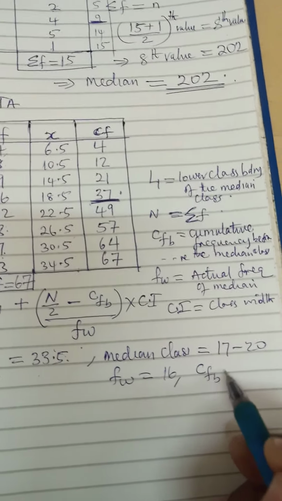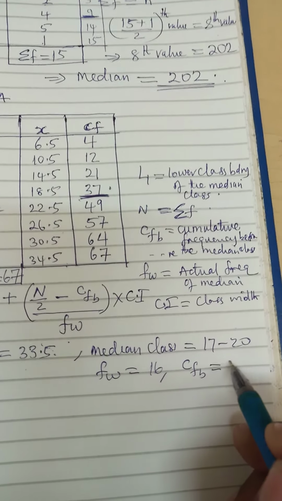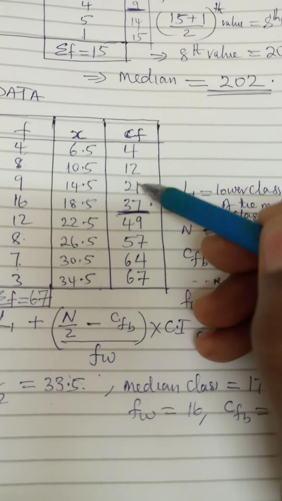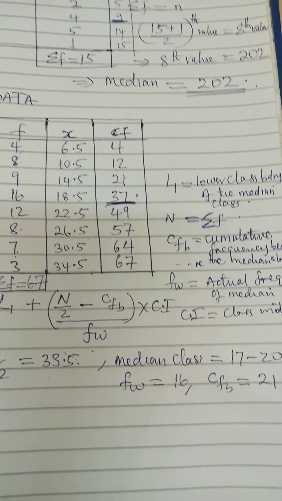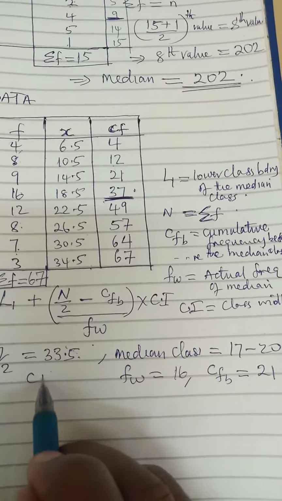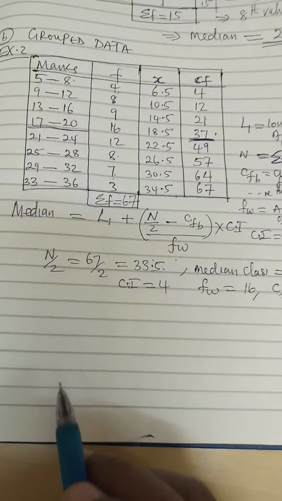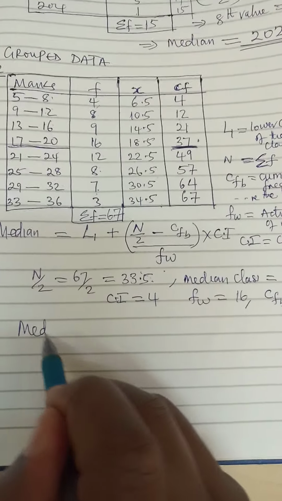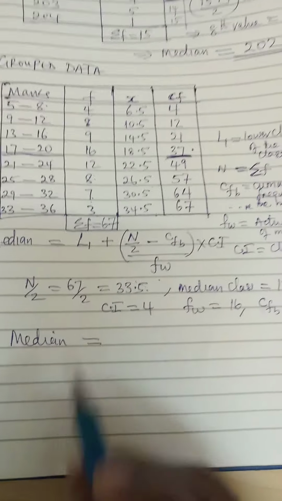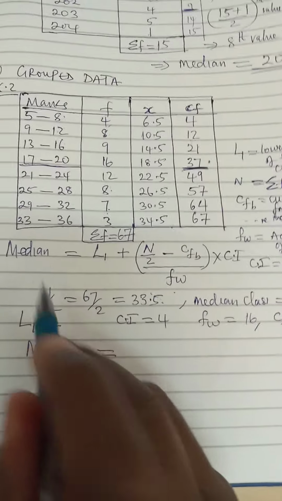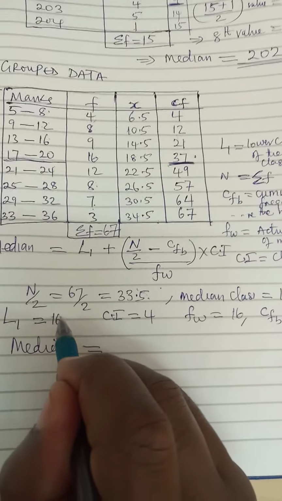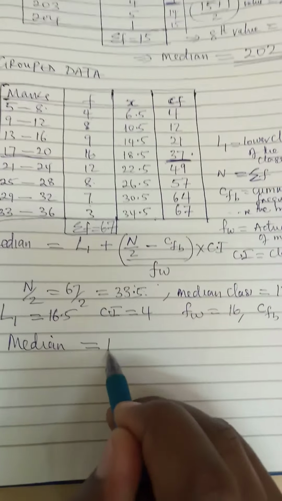Our CFB before that class is 21, as you can see. And what else do we need? Our class interval for this question is 4. So we can get our median by substitution. Our lower class limit for that class will be 16.5.